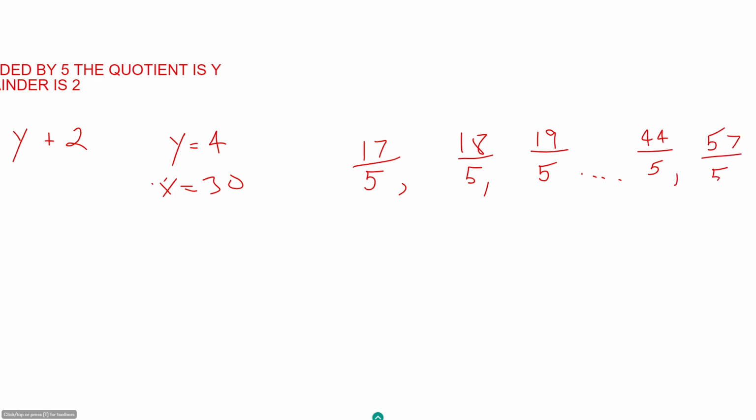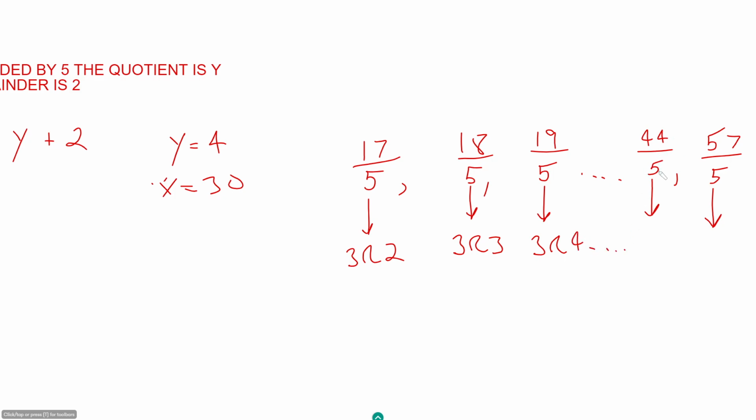And for each of these, what did we say these were in terms of remainders? We said this would be 3 remainder 2. This would be 3 remainder 3. This was 3 remainder 4.